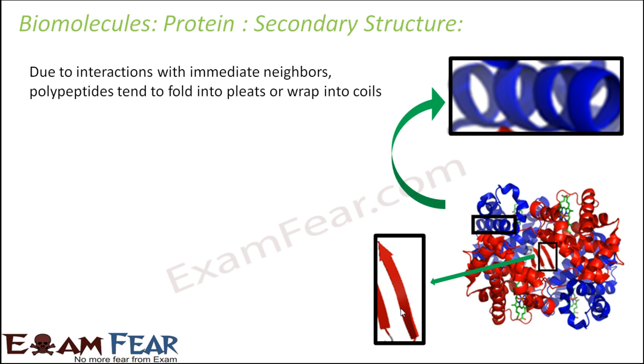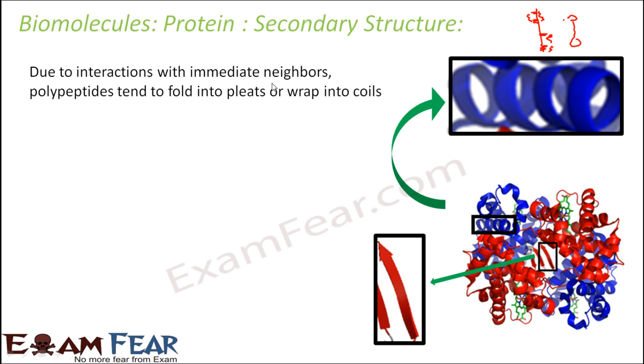Let us suppose you have a long chain of polypeptides. All these molecules, carbon, oxygen, nitrogen, are neighbors. Now if they start interacting with each other, what will happen? Maybe they will try to come near, again they will try to come near. So folding will happen. This folded structure is the secondary structure.